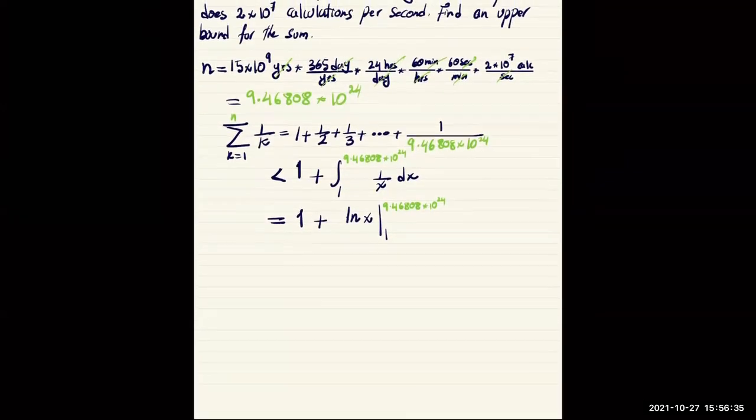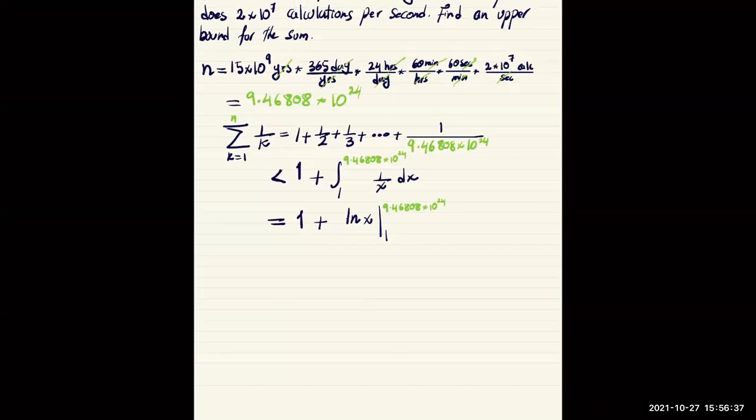So we're going to get 1 plus the natural log of that number, and minus ln of 1. ln of 1 is just 0, so I'm not going to write it down.